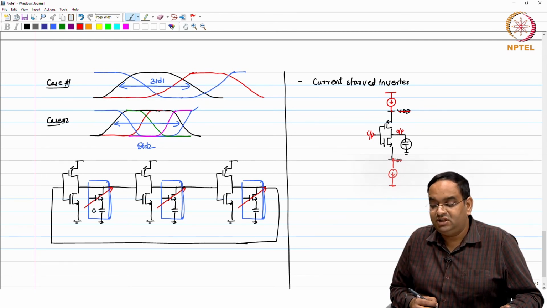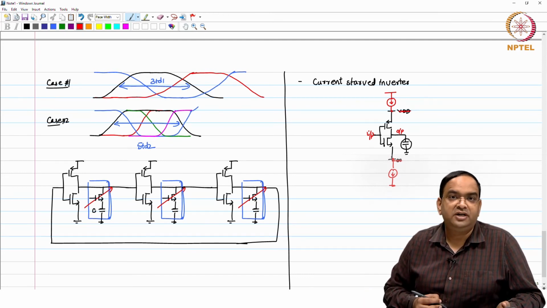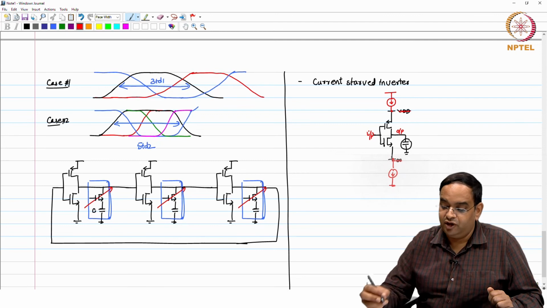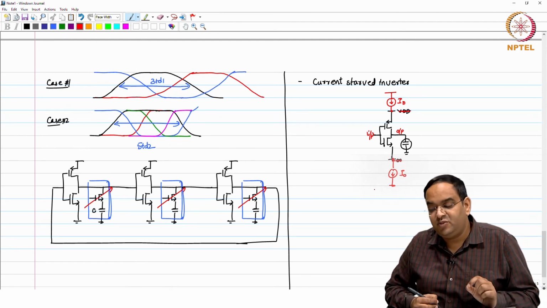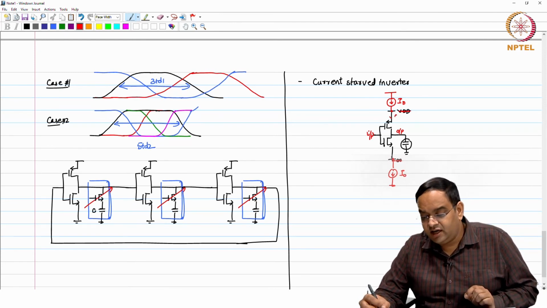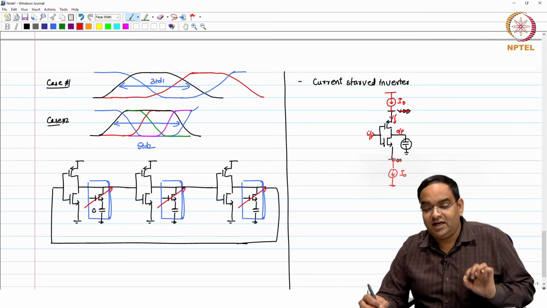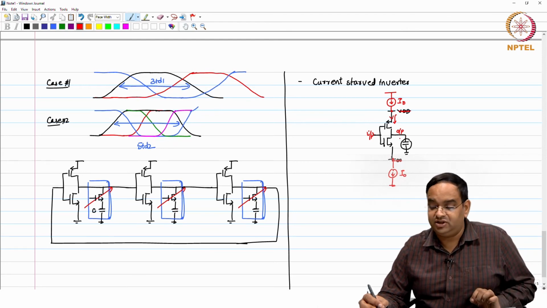Now, you can ask a question: if you take a fixed current source and the PMOS is off, what will happen to this current source? Well, the voltage will go to VDD, but at that time the PMOS is off. So, when I say this is current I naught in both the cases, the maximum current which the inverter can draw from the supply is I naught, and that is the maximum that can help you to charge this capacitor.